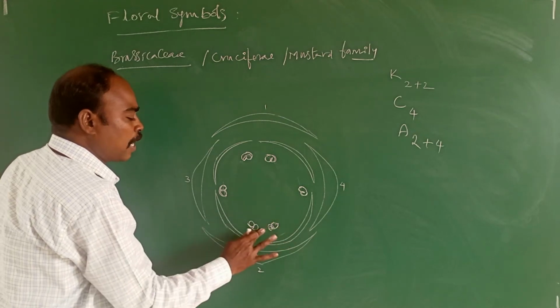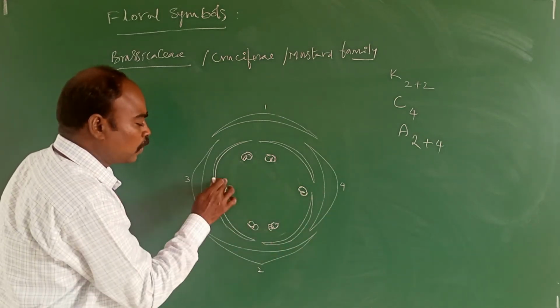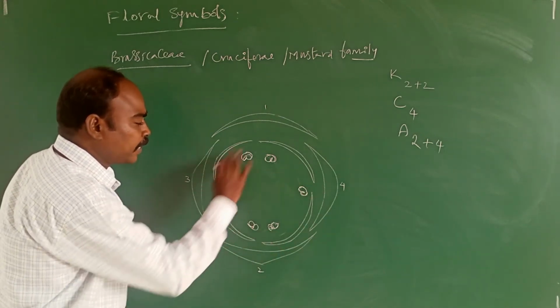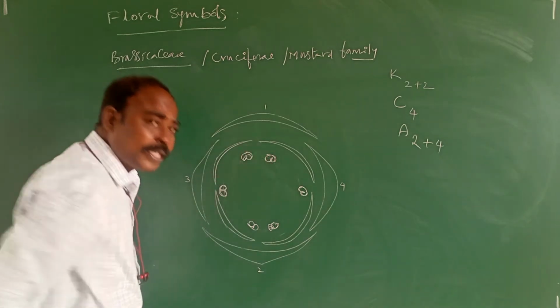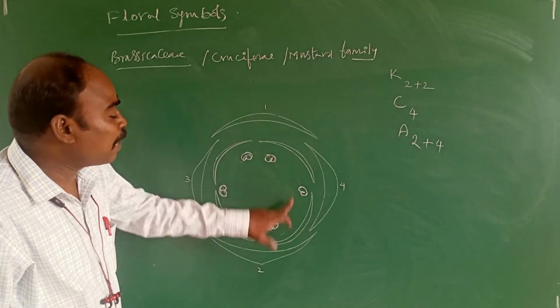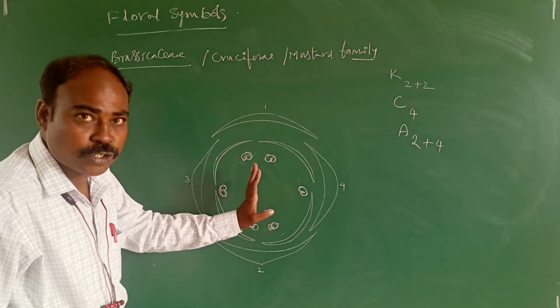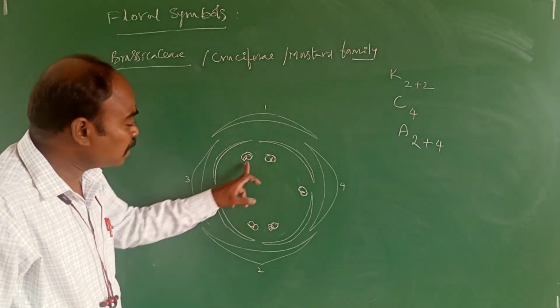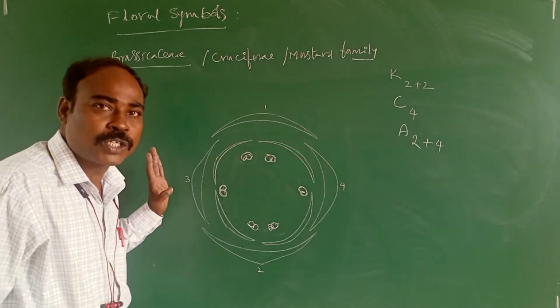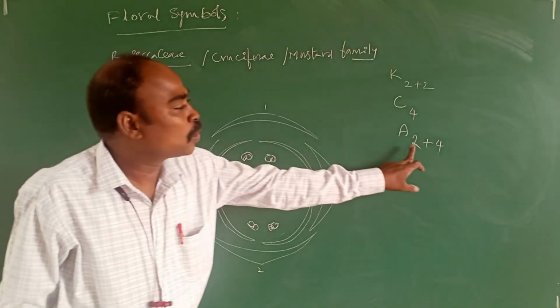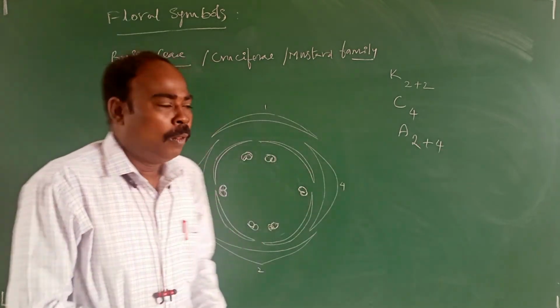They are free stamens now, polyandrous condition, without attachment. The stamens do not attach even with themselves, so no cohesion. Stamens do not attach with petal or sepal, so there is no adhesion also. So polyandrous, total is 6, 2 plus 4.